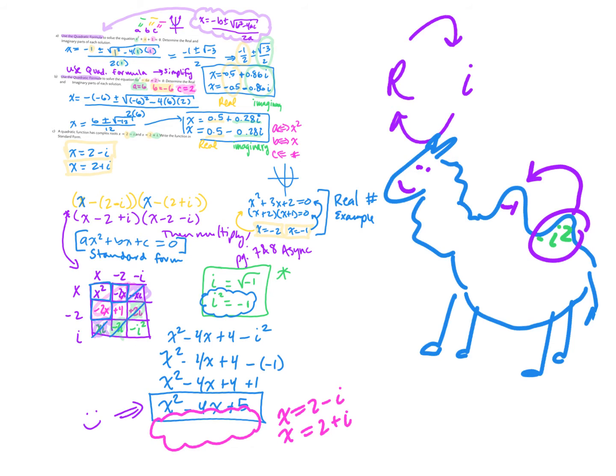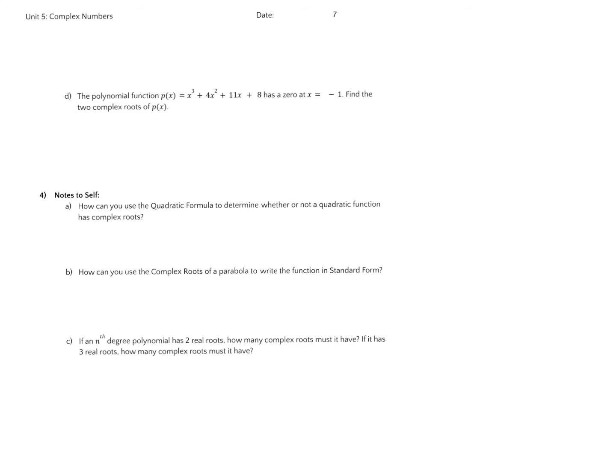Great. Love it. Next. Okay, so this is page 7. The polynomial function. Okay, so this is cubic. I don't know why I love this, and I'm so sorry. This is cubic because it's x cubed.